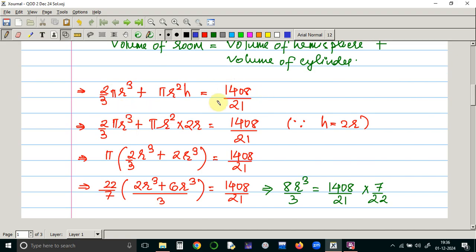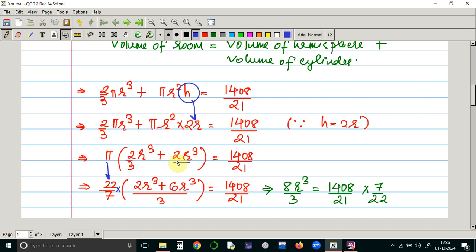Now I need to solve this. Instead of h, I have written 2r, and pi is common. So 2 upon 3 r cube plus 2r cube. This r square and this r make r cube. Nothing done on this side. So pi is 22 by 7.